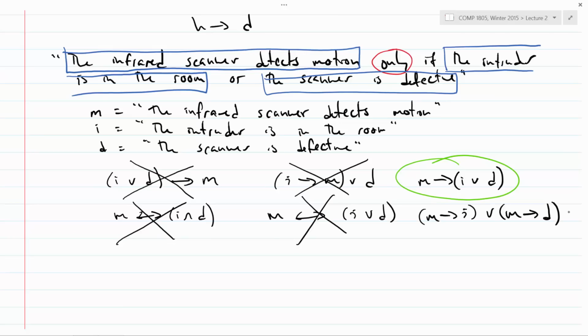Yeah? I was just gonna say, like, it is the same. Right. So basically the operation you're trying to do is distribute that implication over a disjunction, right?